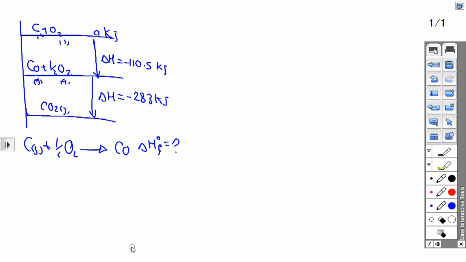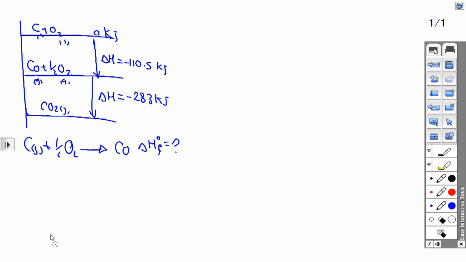How many equations do we have on this curve? 1, 2, 3, right? How can we use two equations to calculate this one? If this is the first equation and this is the second equation, for example, in the second equation we have CO2.